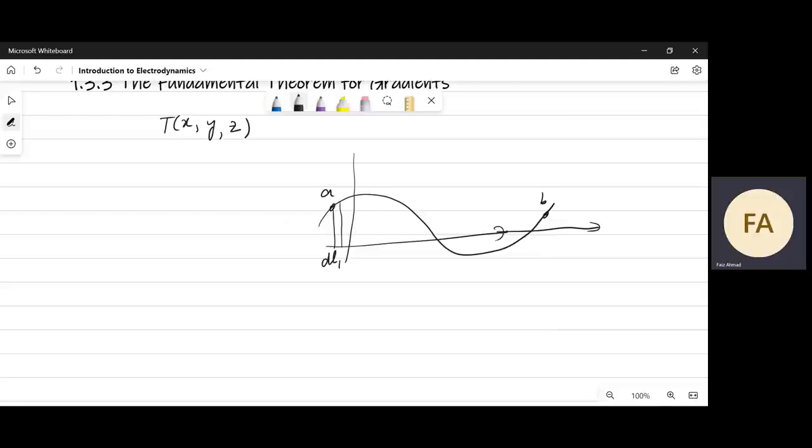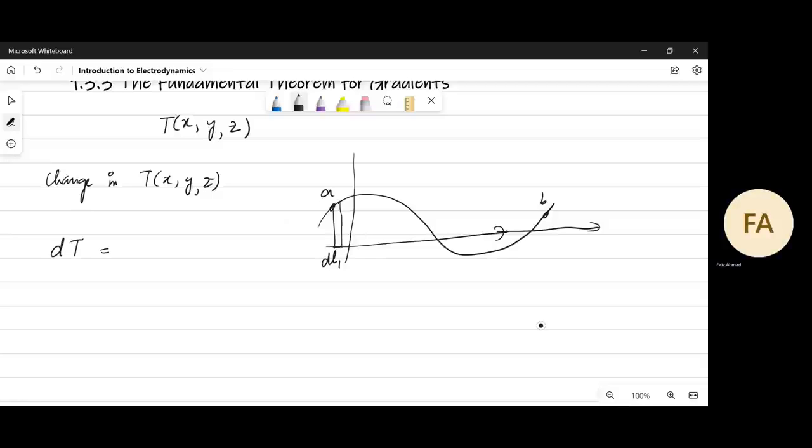The change in T in this region, from here to here, will be dT1 equal to gradient T dot dl1.